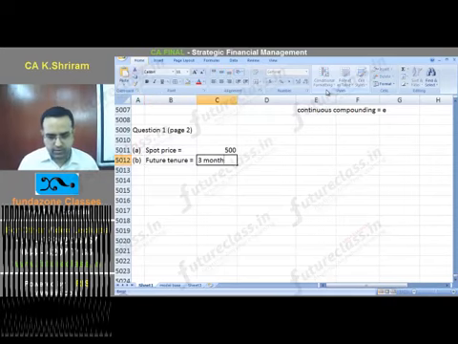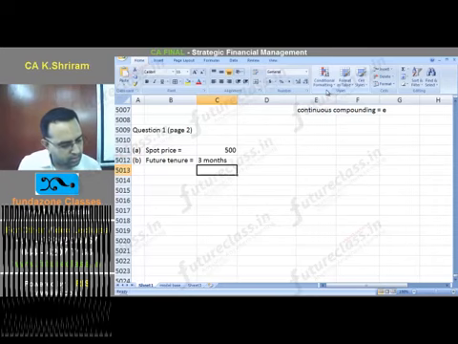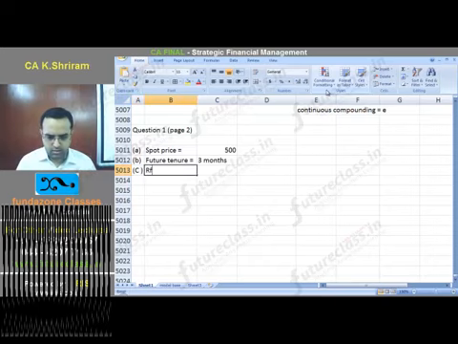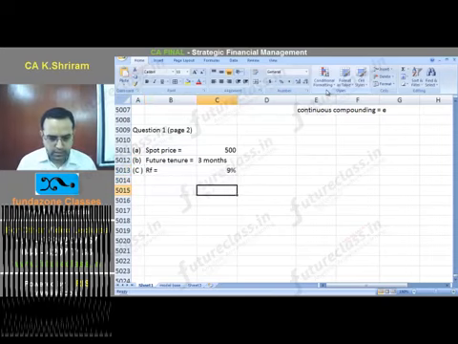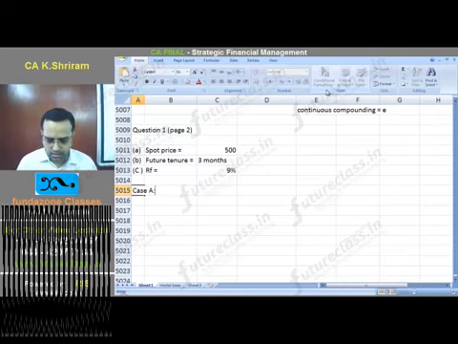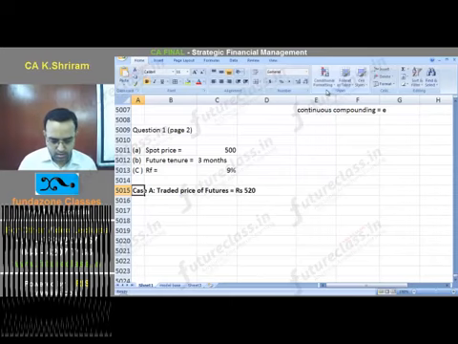Future tenure is 3 months. RF is how much? 9%. Yes. Traded price of futures is 520.